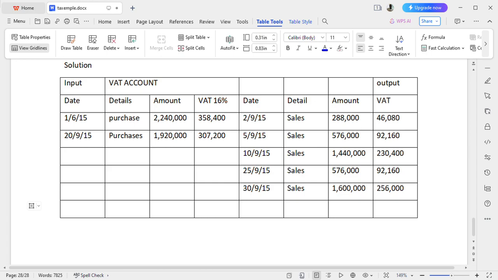We have the output side: 46,080 plus 92,160 plus 92,160 plus 230,400 plus 256,000.